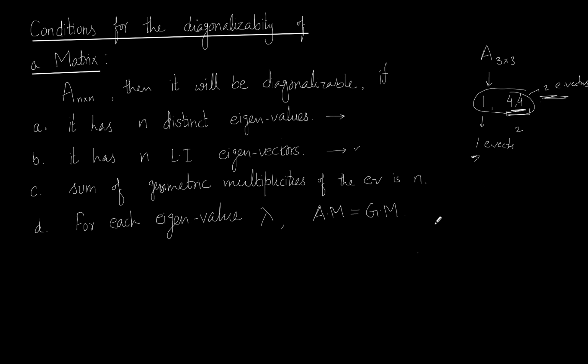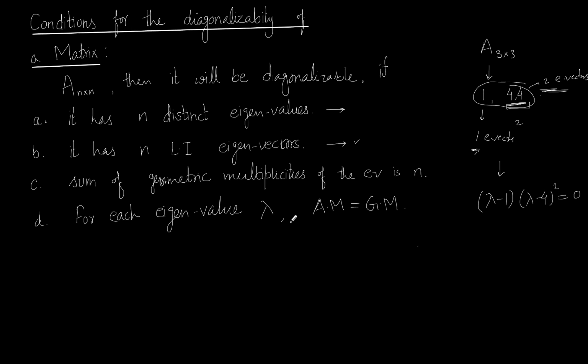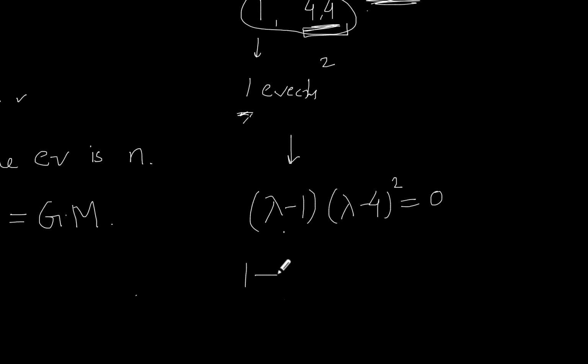For example, again in this case, because the characteristic equation is this, according to this point, if corresponding to 1 we have one eigenvector, and corresponding to 4 we have two eigenvectors, because the algebraic multiplicity of 4 is 2, and they are the same, then the given matrix will be diagonalizable.